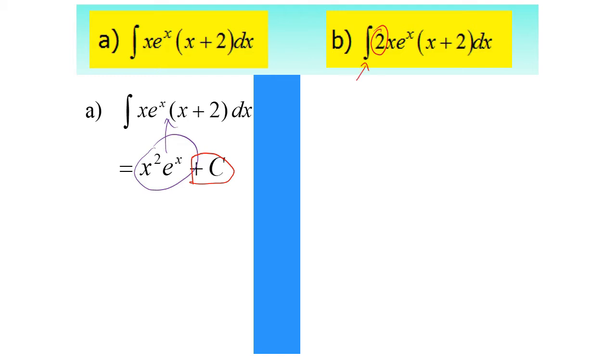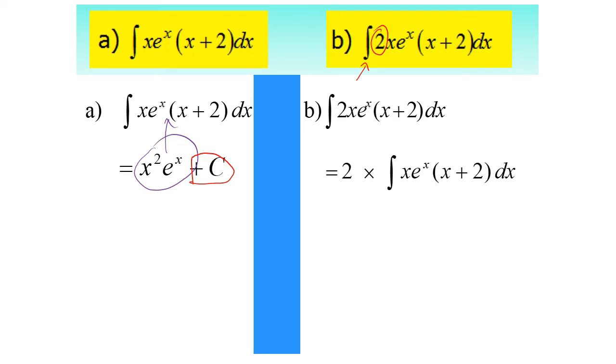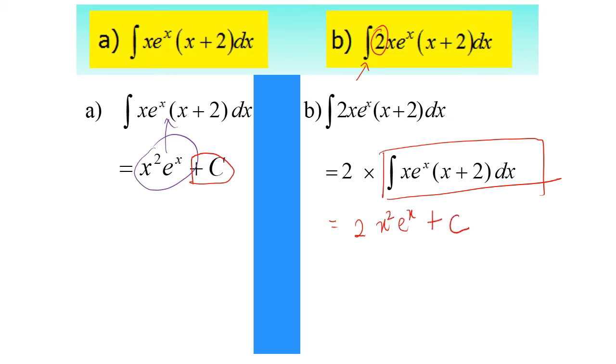So it can be written as 2 times the integration of x e^x (x plus 2). Since we already have this solution previously, we may write our final answer as 2x squared e^x plus c.